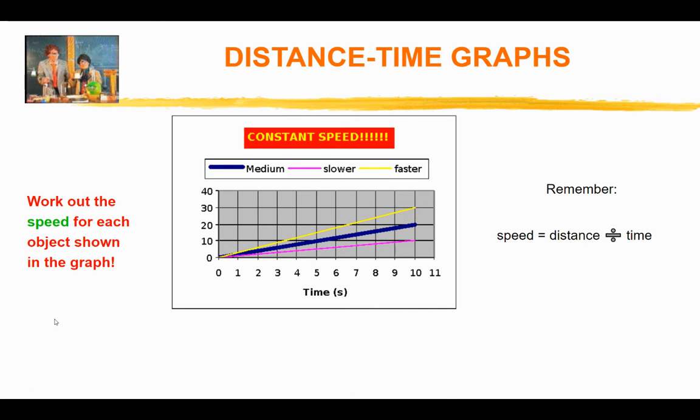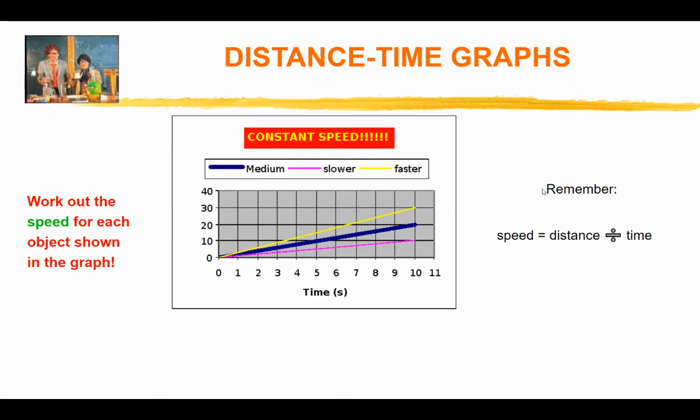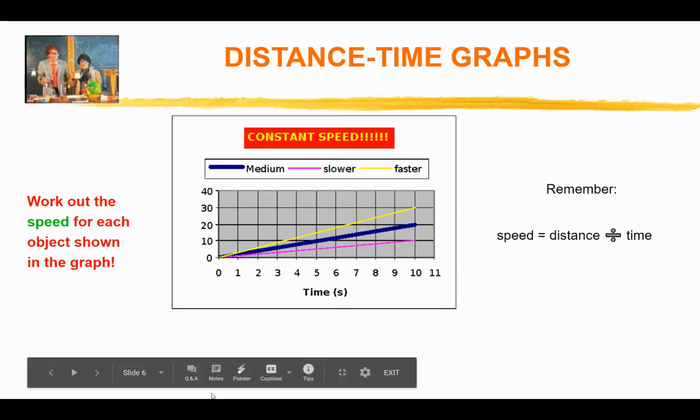Okay, let's look at our distance time graphs here. Constant speed. This is our same graph from earlier. Speed equals distance divided by time. I'm going to let everybody have a chance to get out a piece of paper.